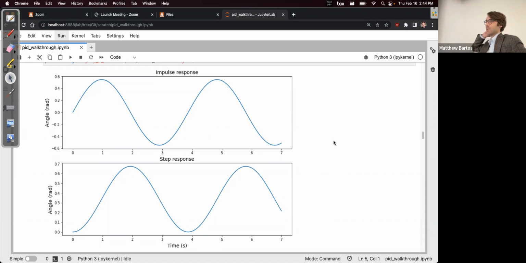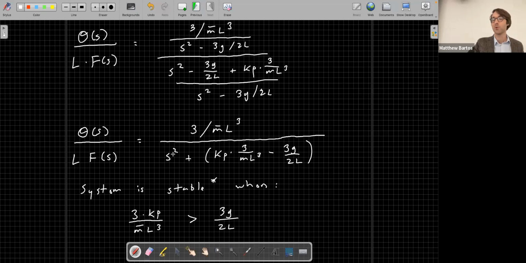What do we need to add to this mass spring damper system to cause the oscillations to die out? We need to add damping, right? So if we go back to our original transfer function for proportional control, what term are we missing in the denominator? Yeah, we're missing the s term, which corresponds to the damping.